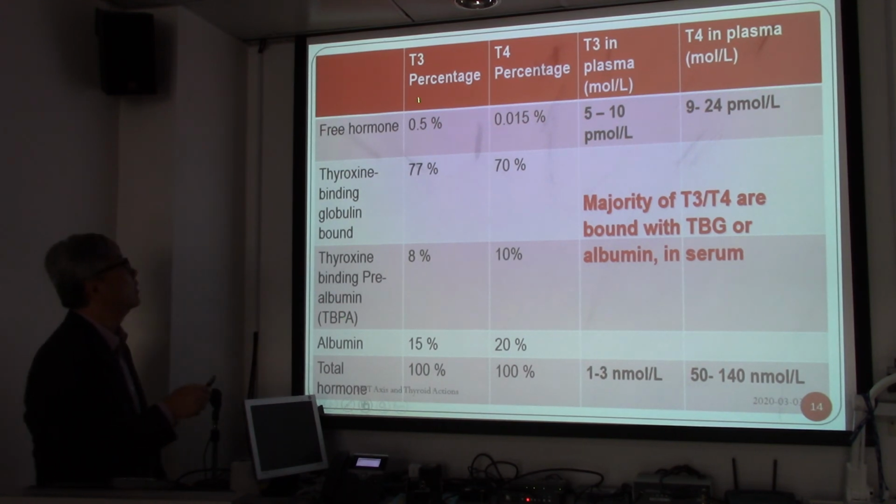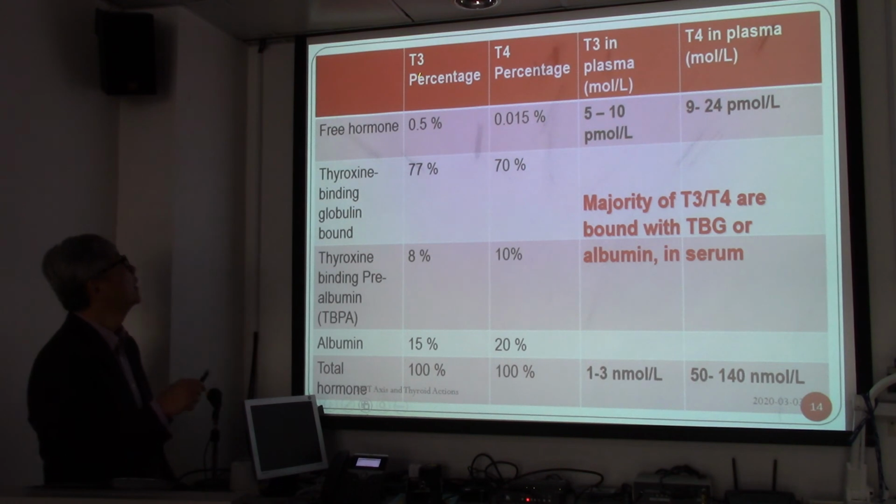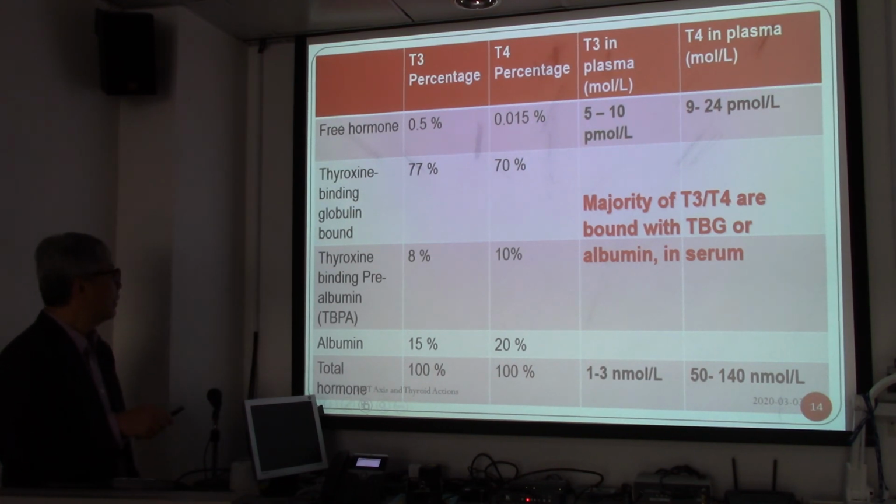8% of them are with this protein, but the majority of them are with thyroxine binding globulin. So even though it is called thyroxine binding globulin, T3 could also bind with it. And then some of them are with albumin.